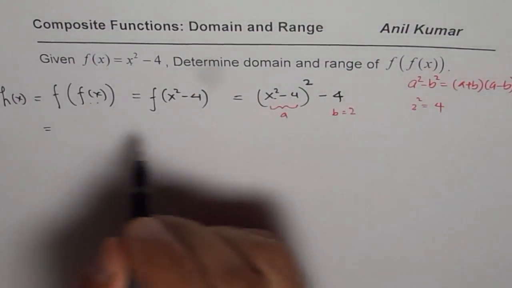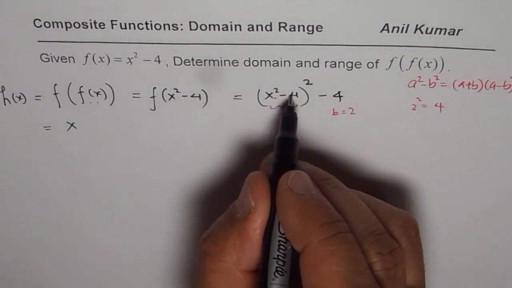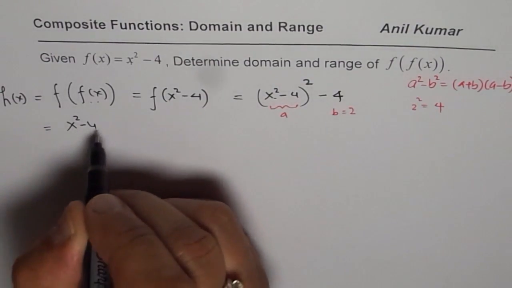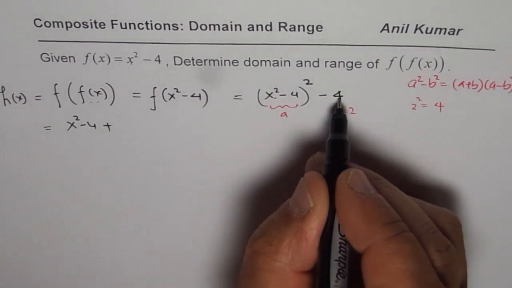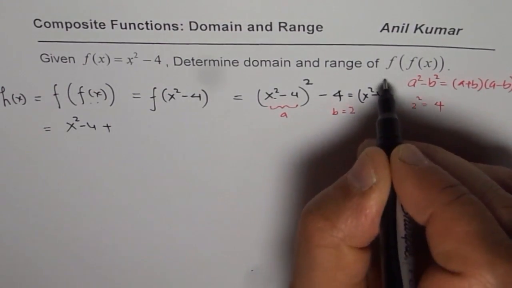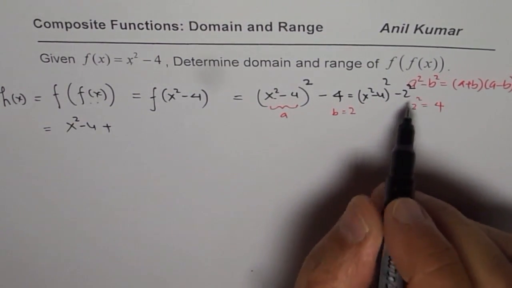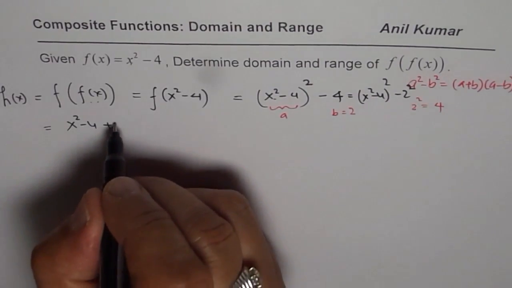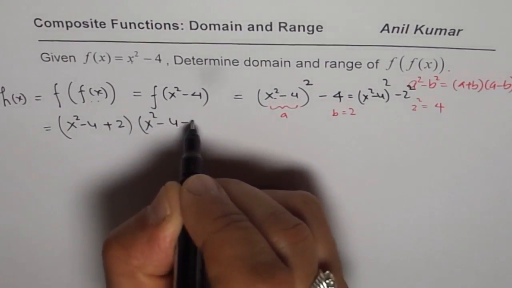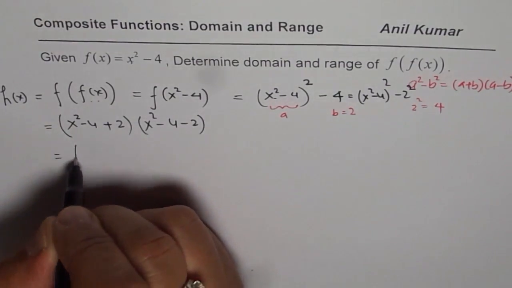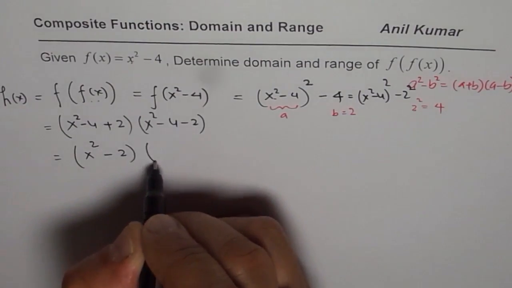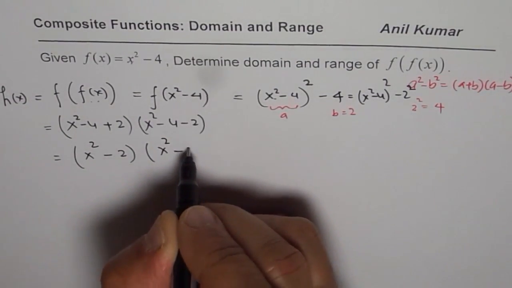So we could write a as x square minus 4. So we write this as x square minus 4 whole square minus 2 square. So 2 is b for us. So it is x square minus 4 plus 2 times x square minus 4 minus 2. And that gives us x square minus 2 times x square minus 6.